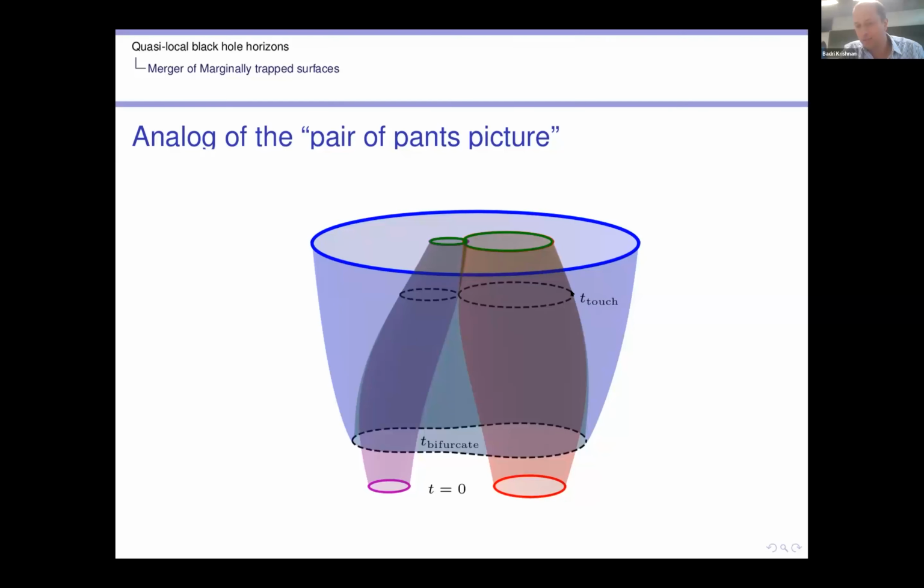So if I go backwards in time on the green one, I reach the bifurcation point, then I go forwards in time on the blue one. In this whole process, the area is monotonic. And in fact, everything is a smooth surface. So it's a smooth dynamical horizon with monotonic area change.